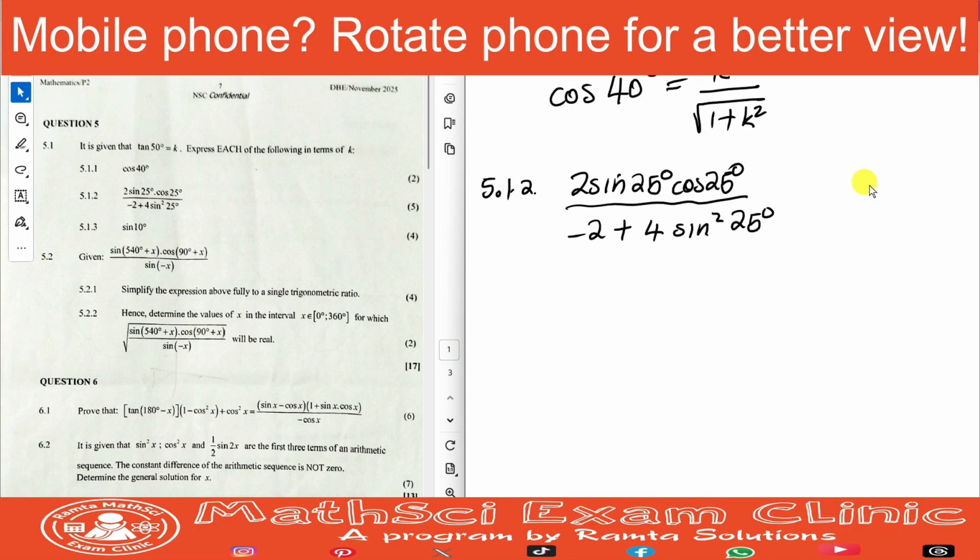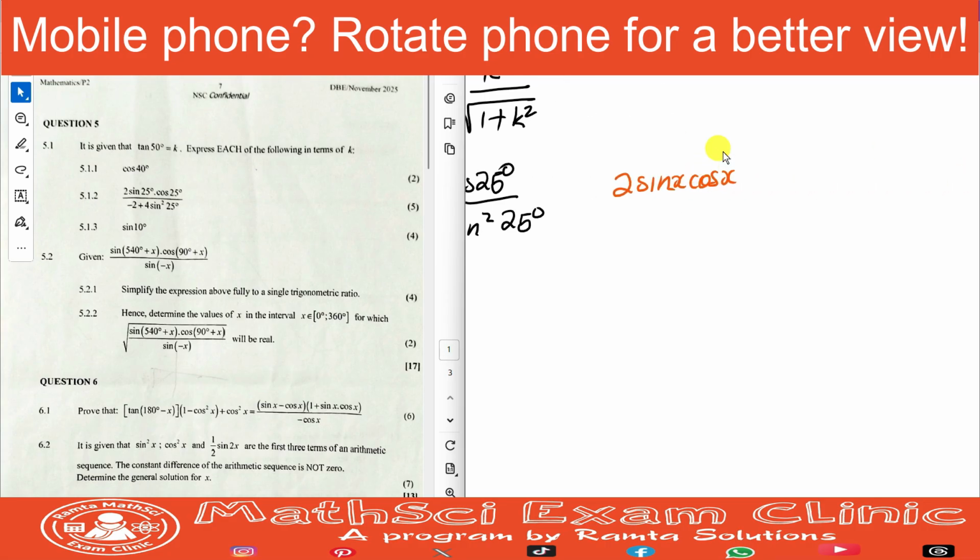For the numerator, I see something like 2 sine x cos x, and we know 2 sine x cos x is the same as sine 2x. With x equals 25 degrees, 2x is 2 times 25, which is 50 degrees. So this will be sine 50 degrees.